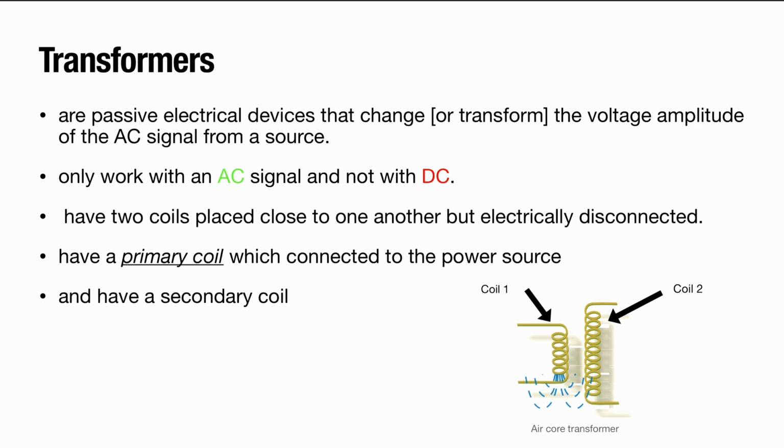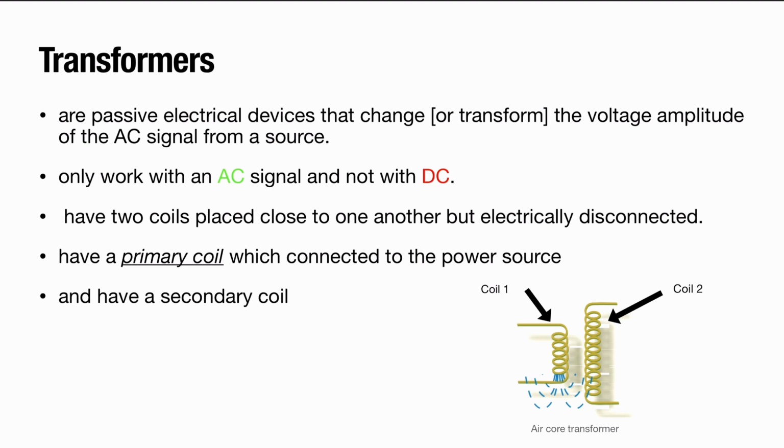I mean this device has the ability to transform the voltage amplitude from one value to another. It could lower the value or it could increase the value. But the point is, a transformer has the ability to change, hence transform, the amplitude of our alternating current signal. Now, transformers only work with AC signal, not with direct current.